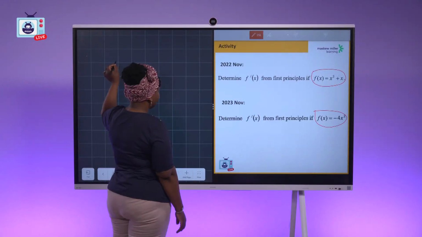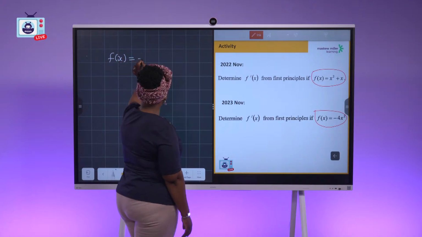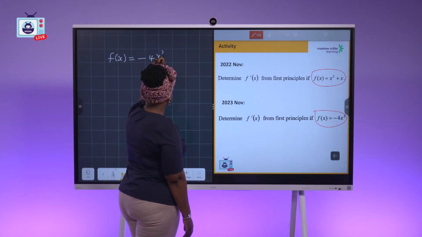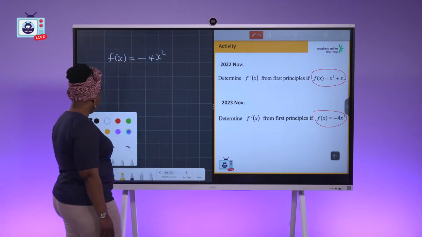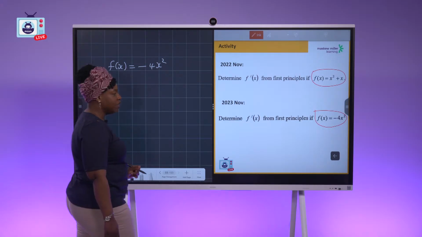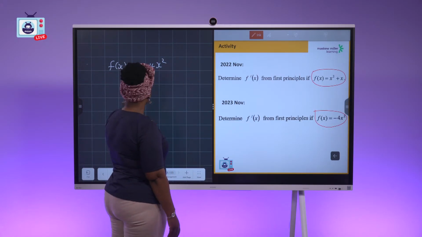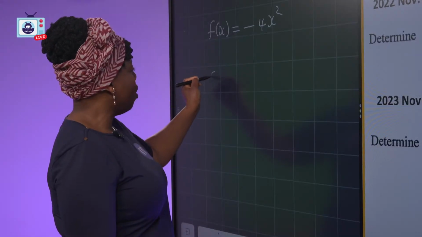We are given f of x. So let's write it. F of x equals negative 4x squared. Remember that the negative 4 is what we have, and it's very important for us to stay with the negative until we are at the end. Okay, so when we want to do this, as always, let's write down our formula.